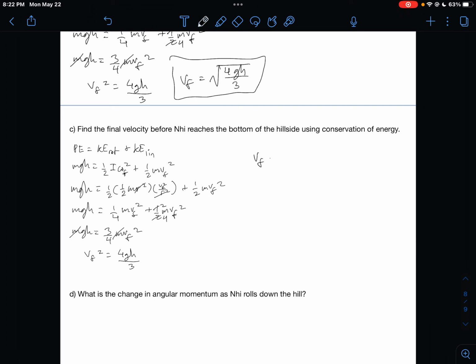And now I'm just gonna do 4gh over 3, plug that in. Her height is going to be 30 over 3. So her final velocity will be 19.8 meters per second.